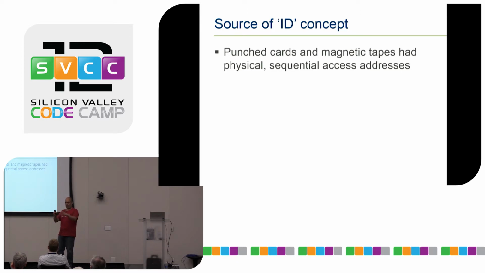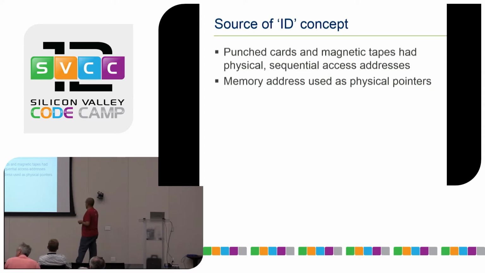I still programmed when I was a kid with punched cards, and if you drop them on the floor and they get out of order, yeah, it's a hassle. You're laughing. You've probably experienced that, right? Magnetic tapes, same thing. They had physical sectors, and whenever you wanted to access a specific data point, you always used the pointer, the physical address in the tape. And that concept lingered on.